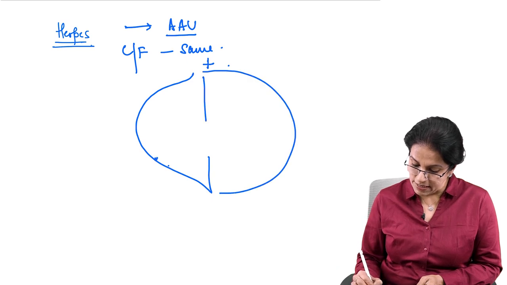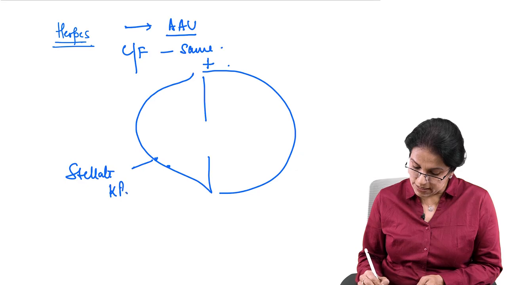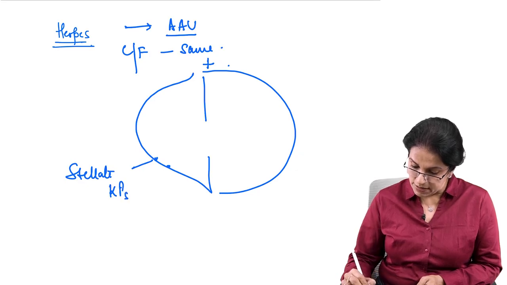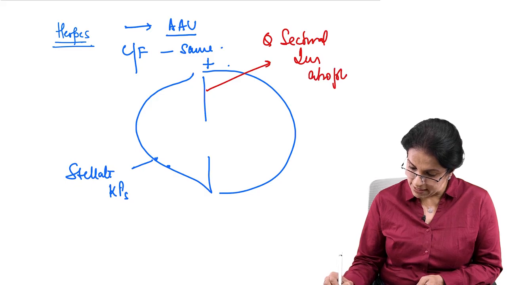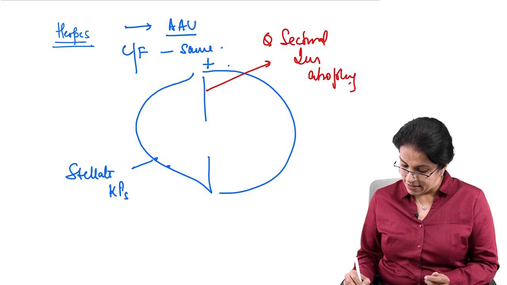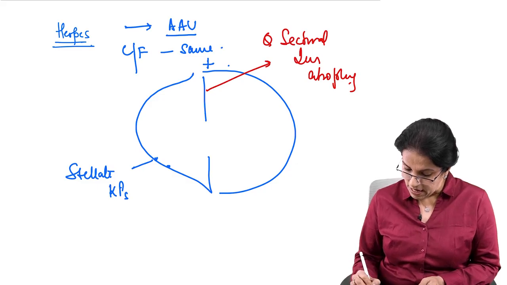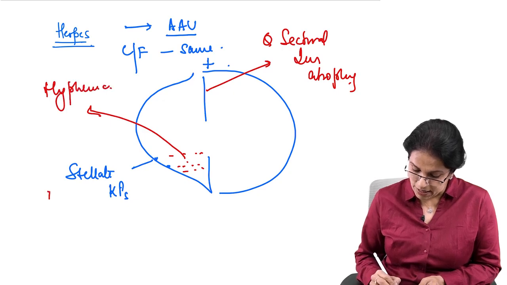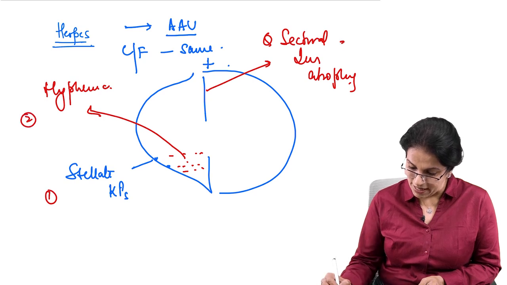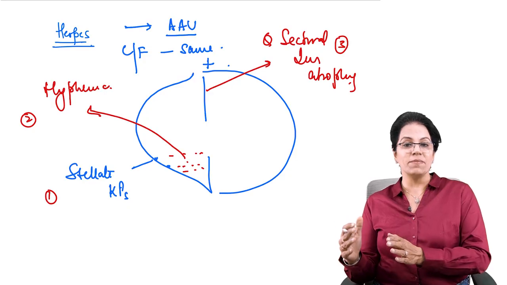Number one, the KPs can be stellate KPs. Number two, very important in the exam, sectoral iris atrophy. Third, sometimes there can be hyphema, blood in the anterior chamber. These are the three additional points you have to remember, and rest everything is the same.